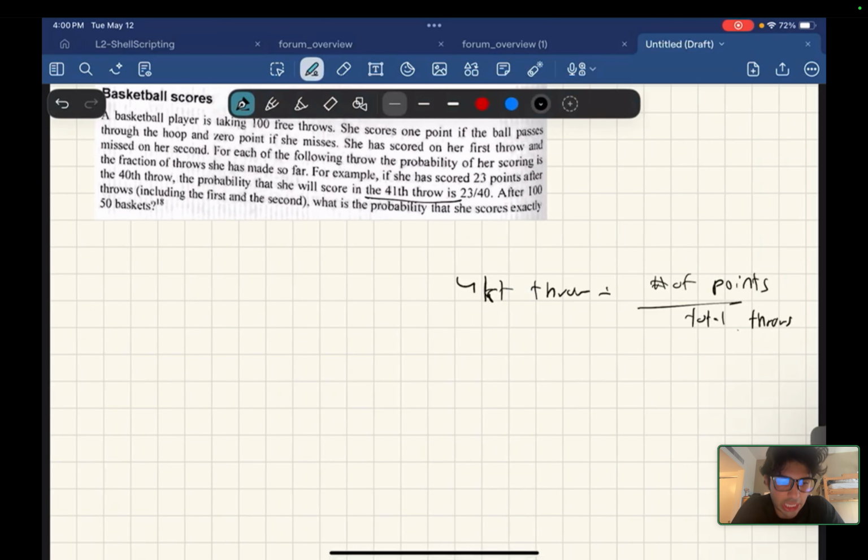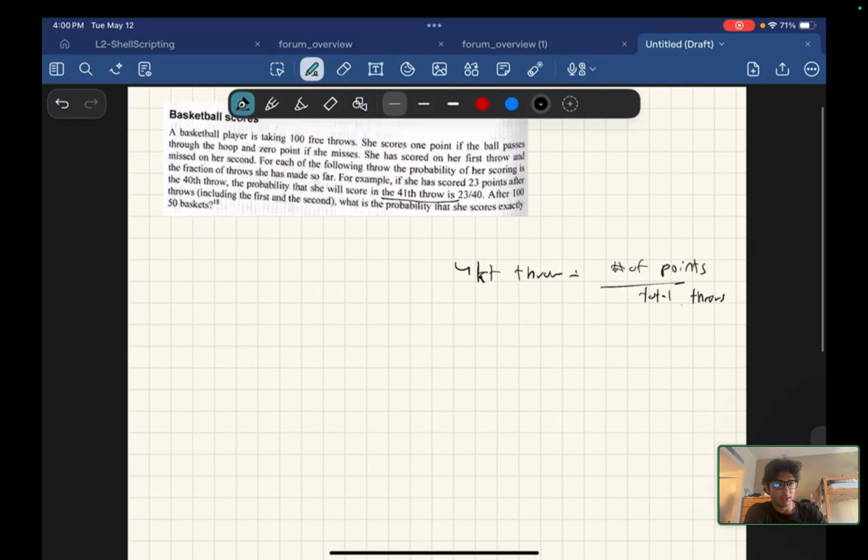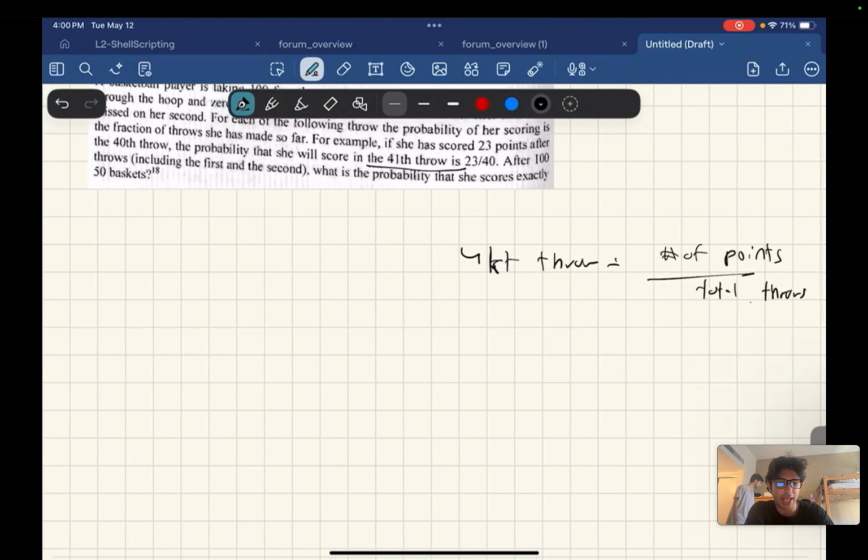And obviously, every time you attempt a shot, your denominator will go up by 1. So for any possible sequence, your denominator will always be going up by 1.